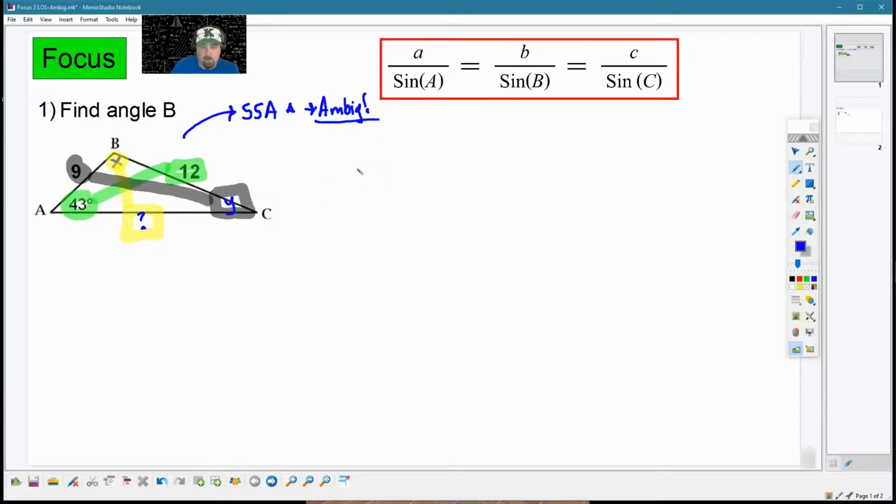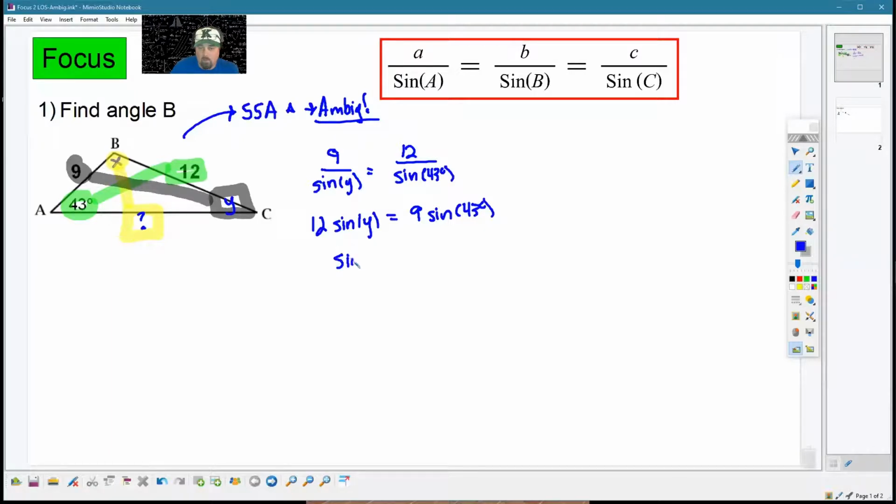We're going to solve for y here. So we're going to get 9 over the sine of angle y, and that is going to equal 12 over the sine of 43. We're going to cross multiply and solve, so we get 12 sine of y equals 9 sine of 43.